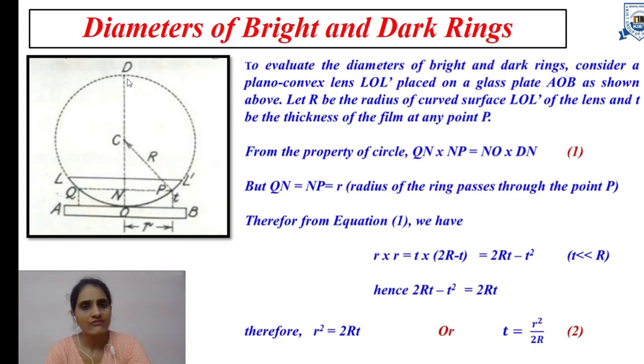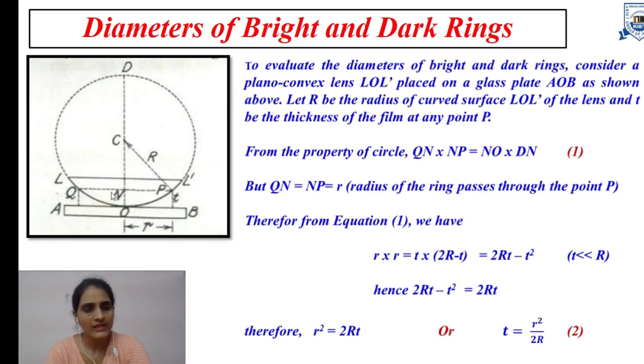If I apply the property of a circle over here, the property of a circle clearly states that Qn multiplied by Np will be equal to N0 into Dn.